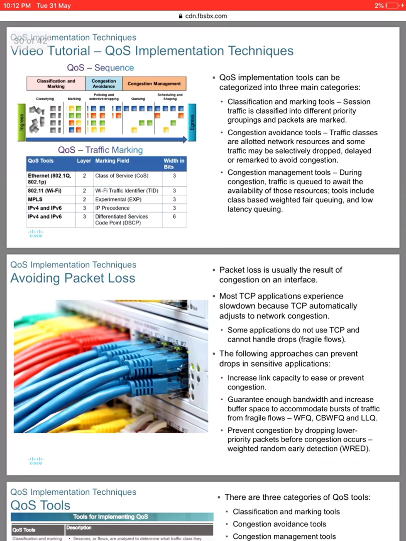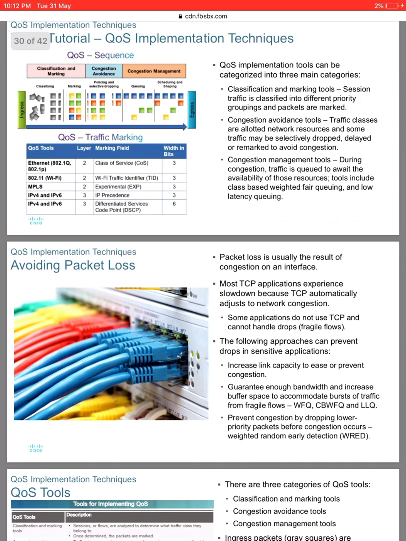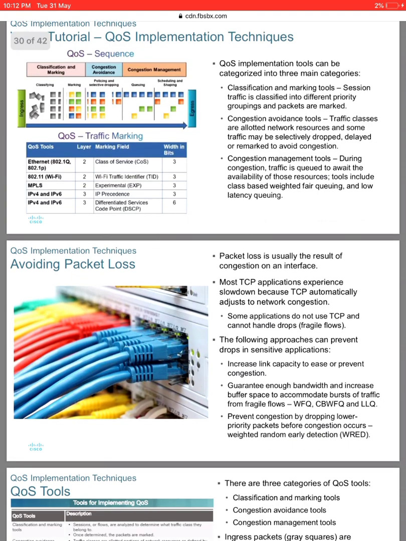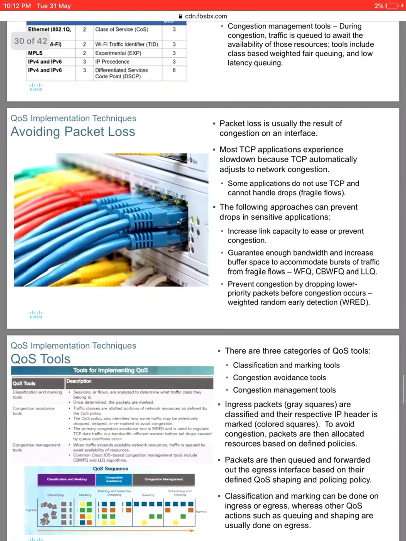With congestion avoidance tools, traffic classes are allotted network resources and some traffic may be selectively dropped, delayed, or remarked to avoid congestion. With congestion management tools, during congestion, traffic is queued to await the availability of those resources. Tools include class-based weighted fair queuing and low latency queuing.